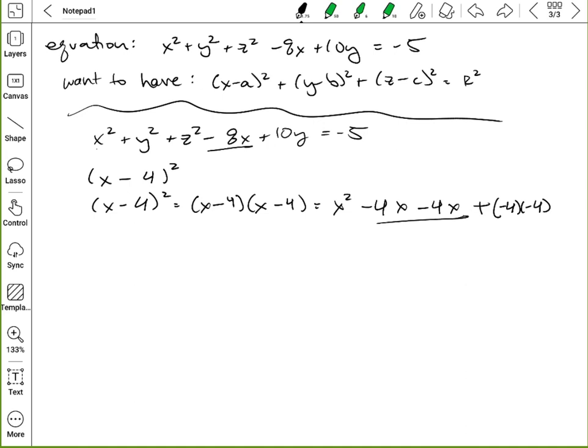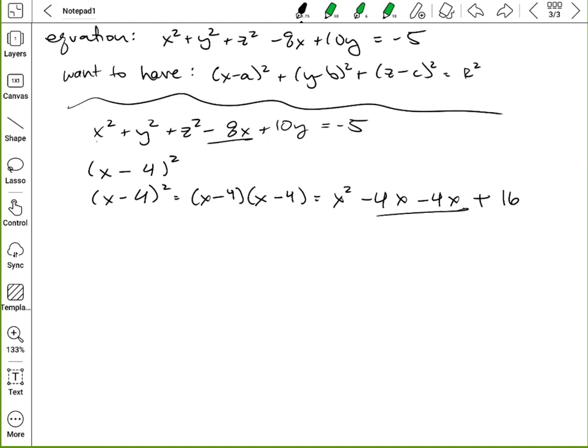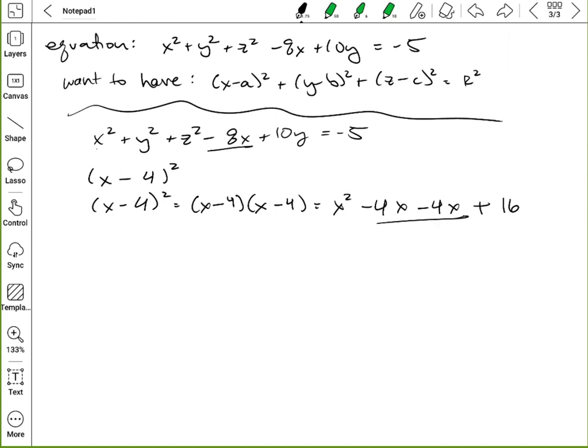But there's an extra plus 16 here that comes from those minus 4's multiplied together. And so this is covered inside my x minus 4 squared, but then there's also this extra plus 16.